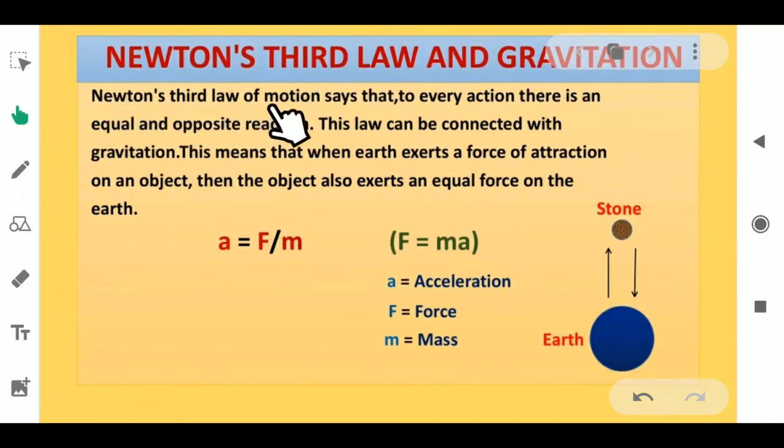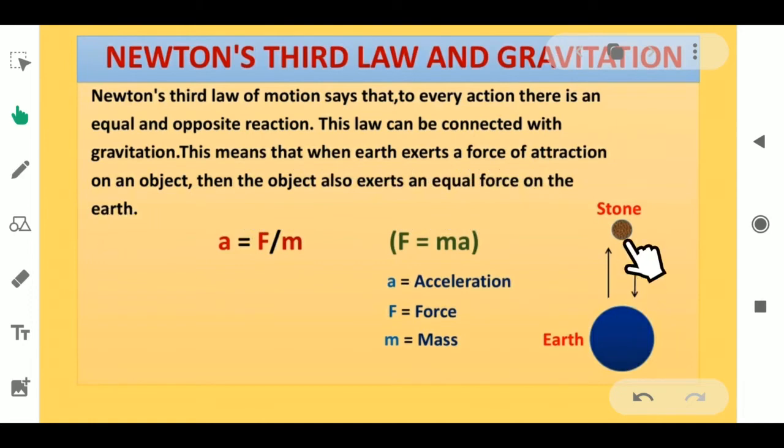Newton's third law of motion says that to every action there is an equal and opposite reaction. This law can be connected with gravitation. This means that when Earth exerts a force of attraction on an object, then the object also exerts an equal force on the Earth.